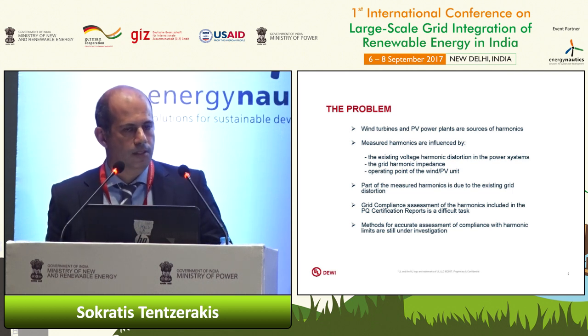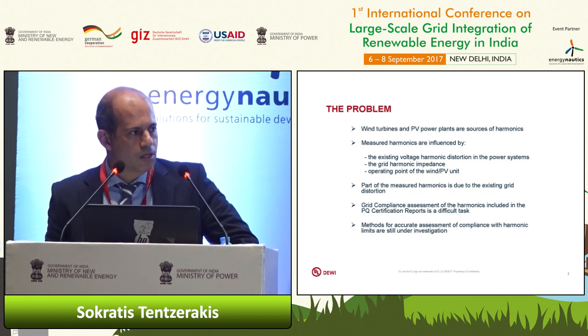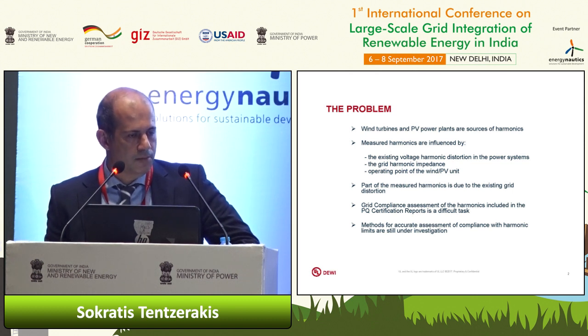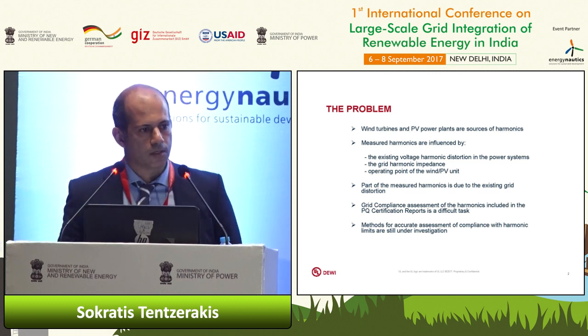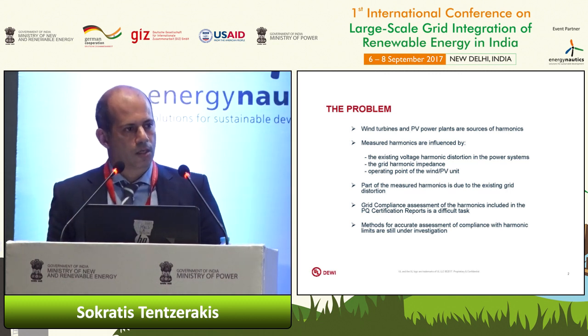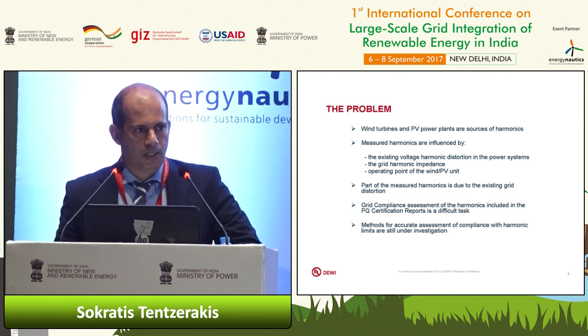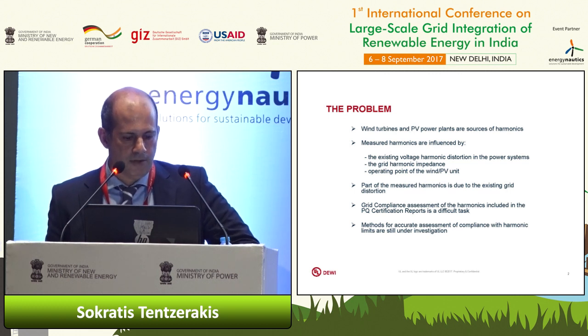So at the moment, this is a big problem already identified in Germany, and there is a big research project running called Netzharmonie, which is funded by the German state, which includes a very large, wide set of measurements on wind turbines and solar plants on unit and plant level, and also investigates methods for the correct evaluation and summation of harmonics, which is also a critical issue, how we could go from a single unit to the power plant level.